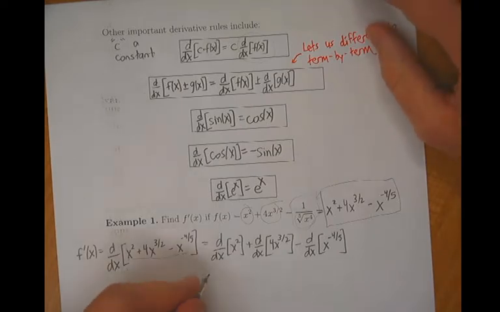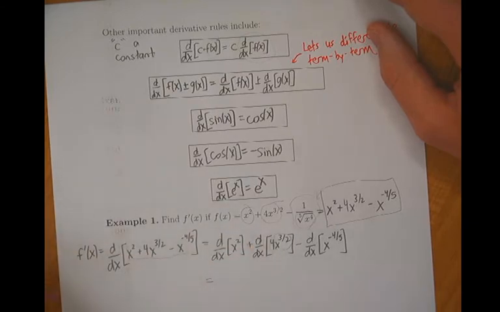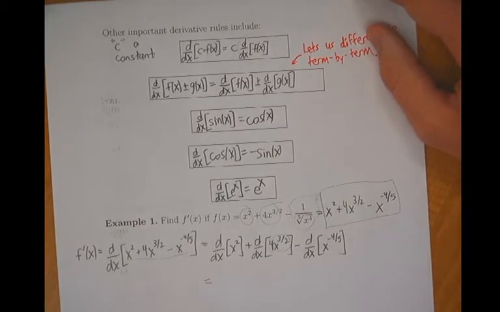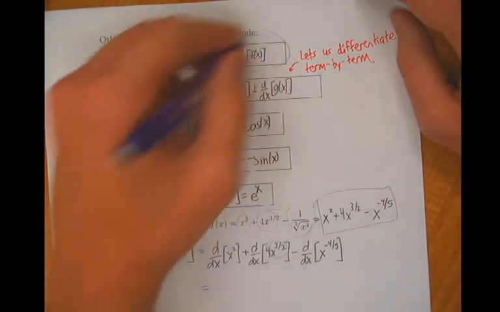Okay? And then one more thing before we start differentiating is that we have this 4 times x to the 3 halves here. Technically we know we can use the power rule to differentiate this, but we don't quite know how to differentiate 4 times x to the 3 halves. But we can if we use this formula right here.